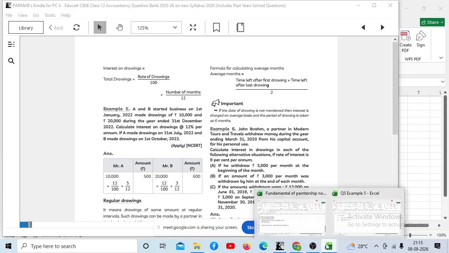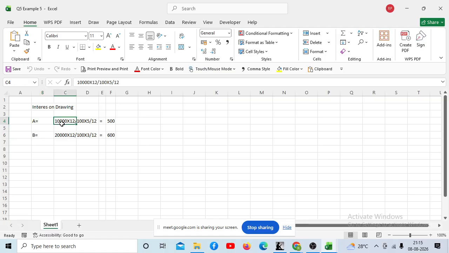So how will the interest be calculated? Interest will be calculated on 10,000, 12% means 12 upon 100 and 5 months means 5 upon 12. Just write down this.